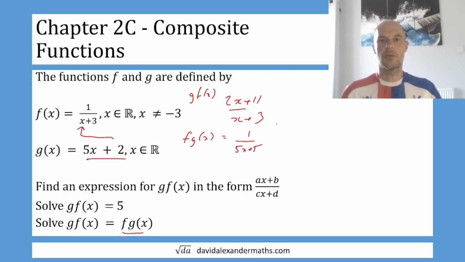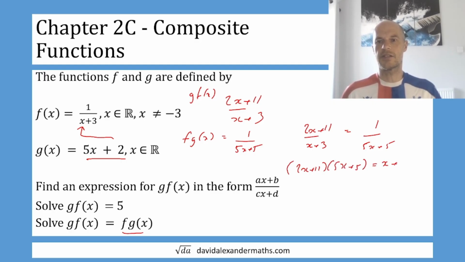So we want to solve where these two functions equal each other. So we have (2x + 11)/(x + 3) equals 1/(5x + 5). I'm going to cross multiply, so (2x + 11) multiplied by (5x + 5) equals x plus 3.